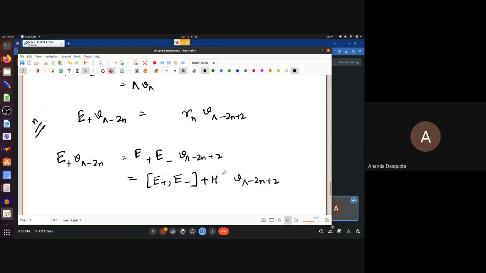There is an H. Actually, this is what it is, right? Is this correct? Actually, no. This is not correct. This is equal to H, but this is not E plus E minus.